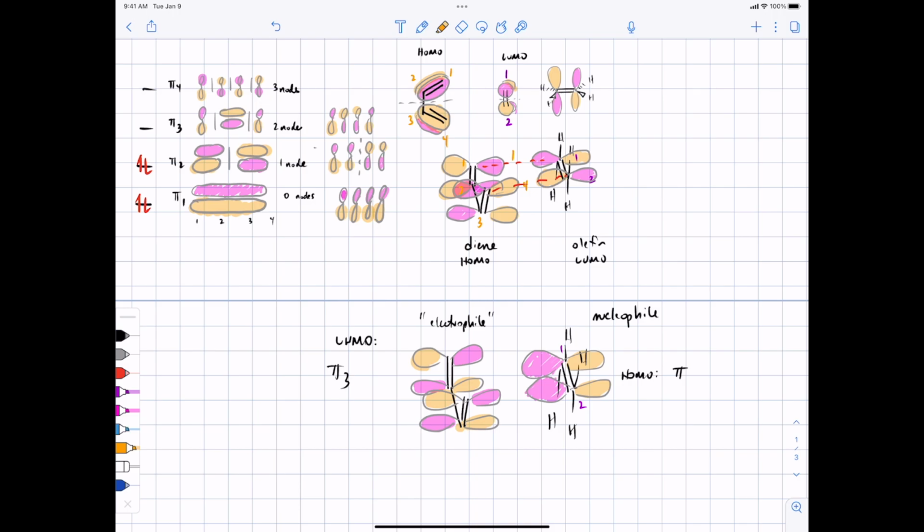Do you notice how, and it may take a minute for you to confirm that I'm just drawing here sideways what we drew here. Do you notice that when we pretend like the diene is the electrophile and the olefin is the nucleophile, we still get correct end-on-end overlap? Yeah.